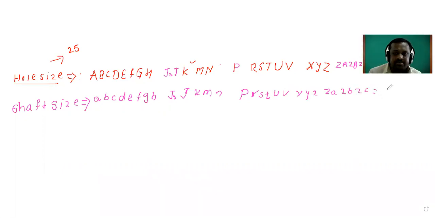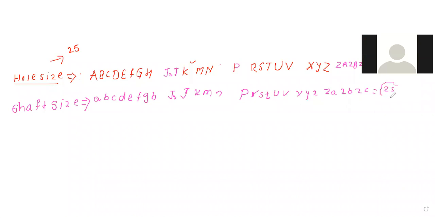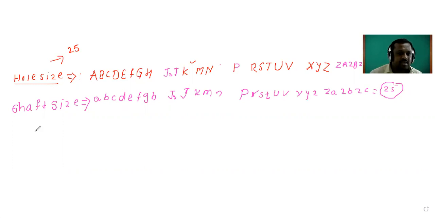How many are there? It will be 25. Deviations for the shaft. Okay, simple. हे समजलं का सर्वांना?